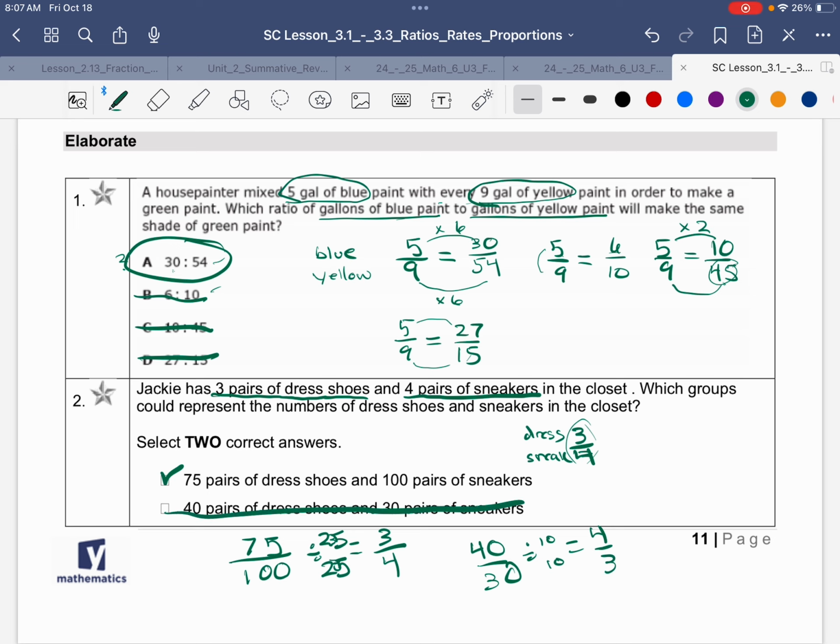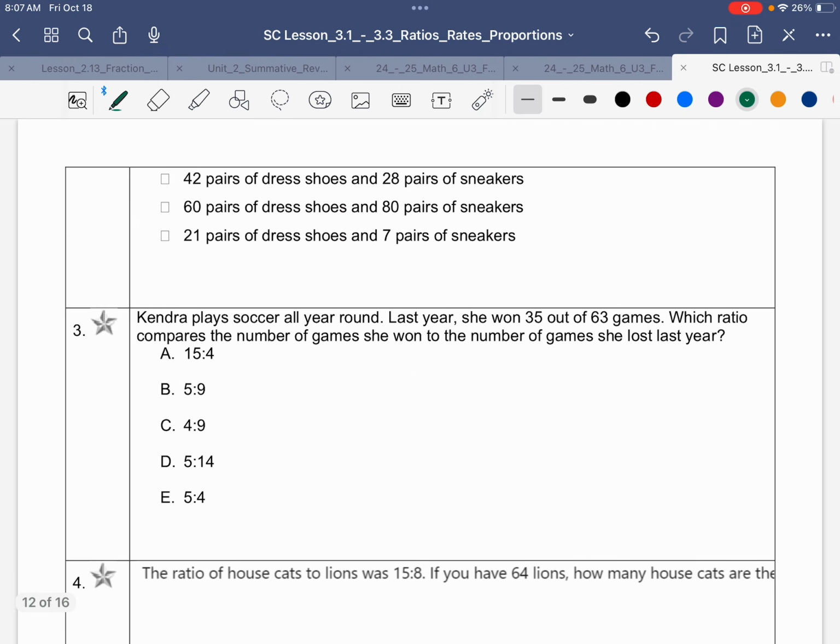So remember, we got dress 3, sneakers 4. That's what we're looking for. So let's look at over here. We got 42 and 28.